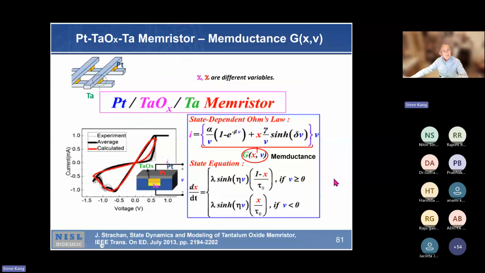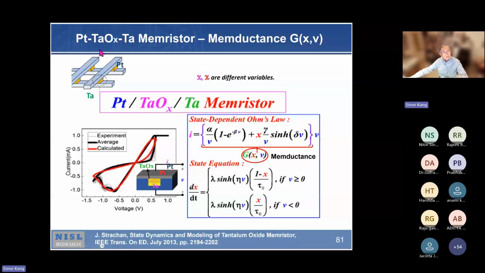Now, there's a different kind of memristor, also fabricated by HP. It's a platinum tantalum oxide, and titanium memristor. So they have a platinum parallel line. On top, they have a tantalum and then platinum on top.